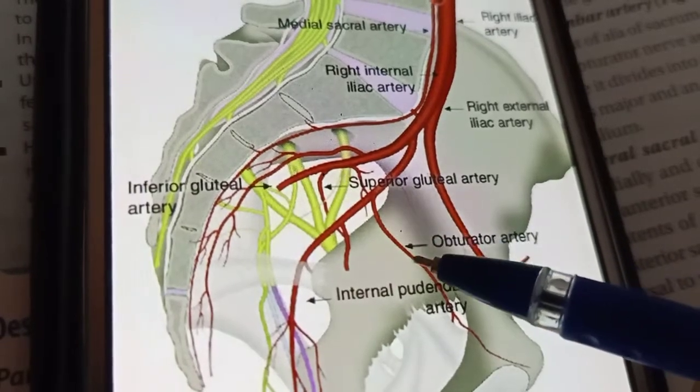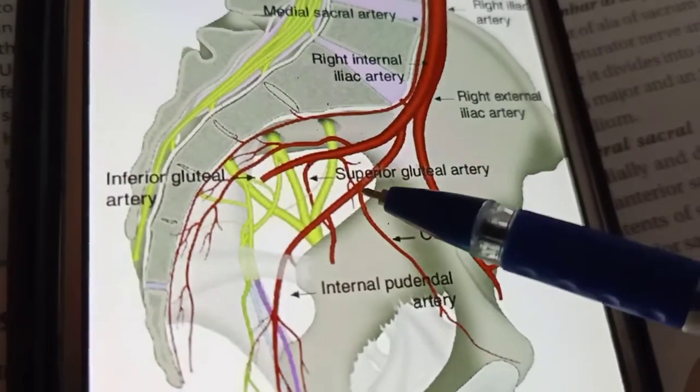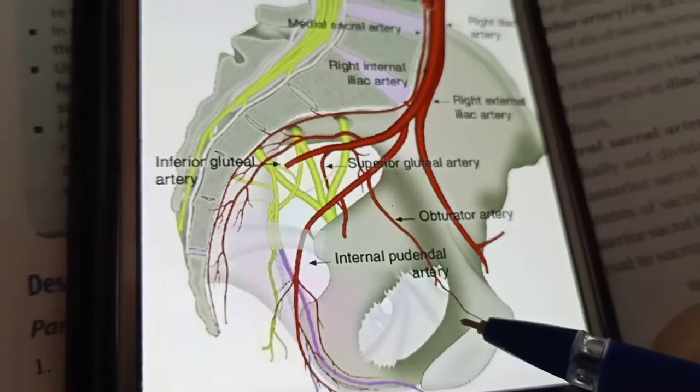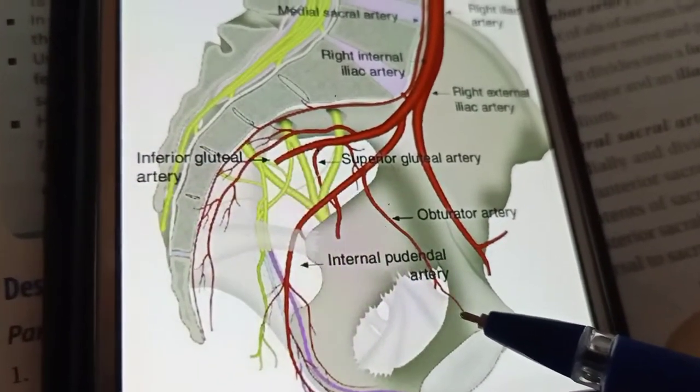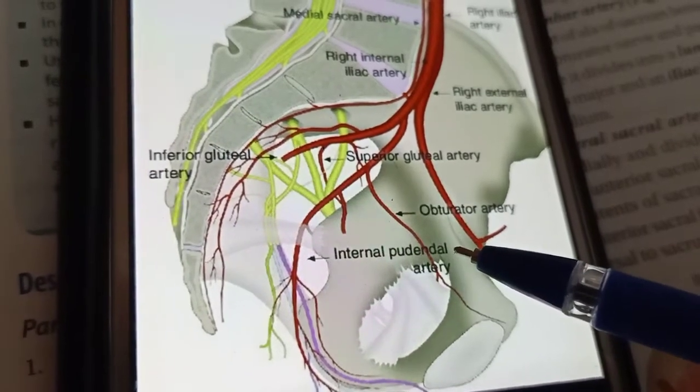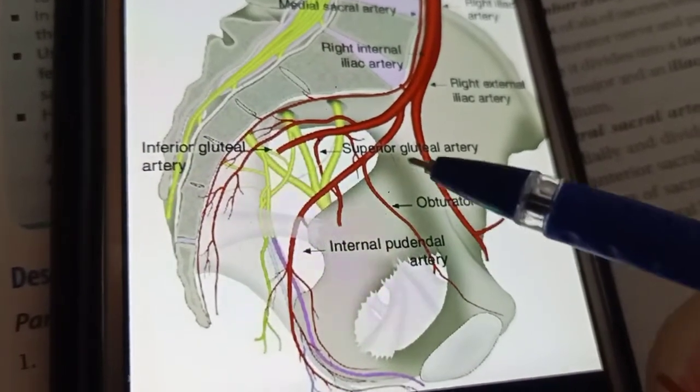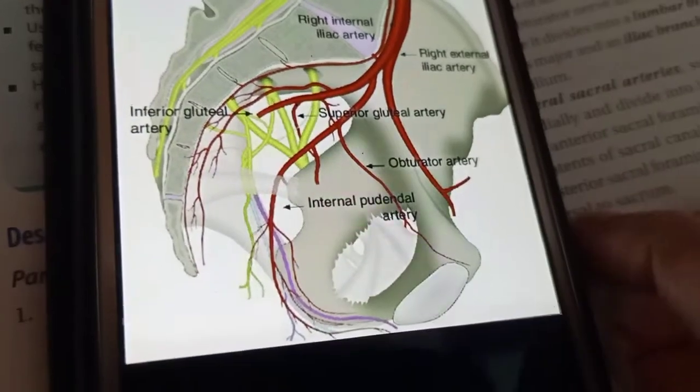It is running on the lateral wall of the pelvis, accompanied by the obturator nerve and the vein.